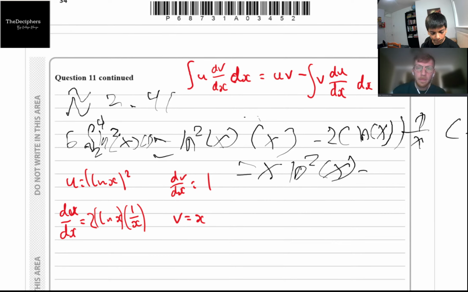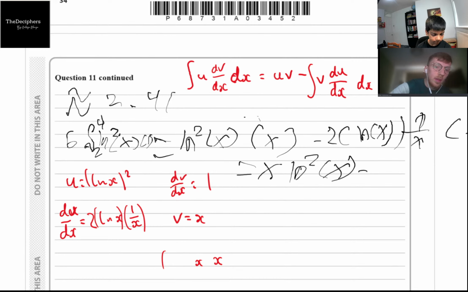No, let's break it down a little bit. So your uv is this bit, your ln squared x times x, that's right. And then you should have your uv is ln squared x times x. Or ln x all squared, I should say.